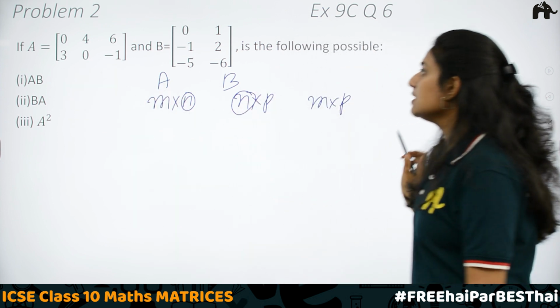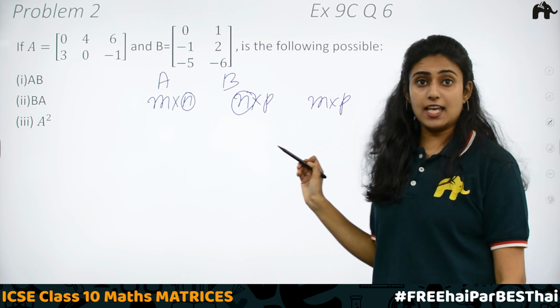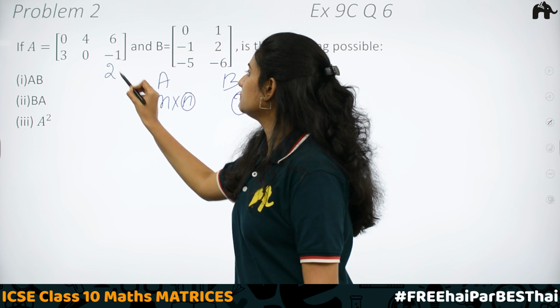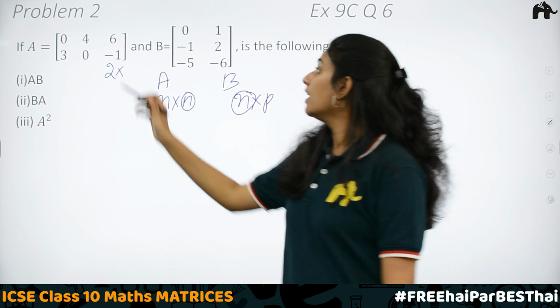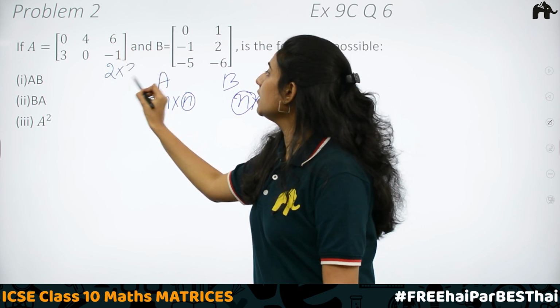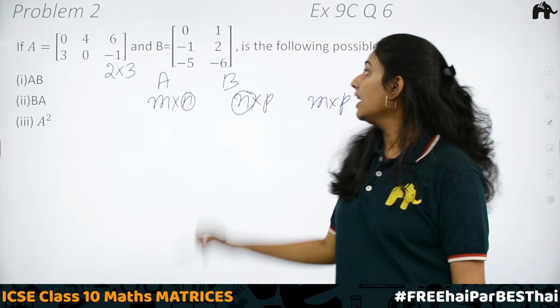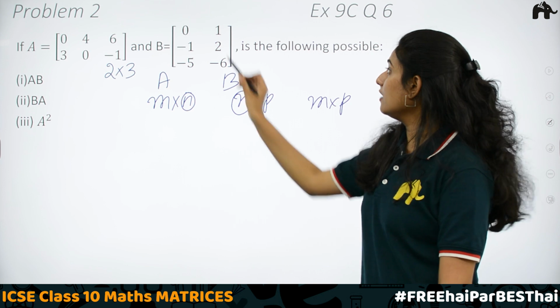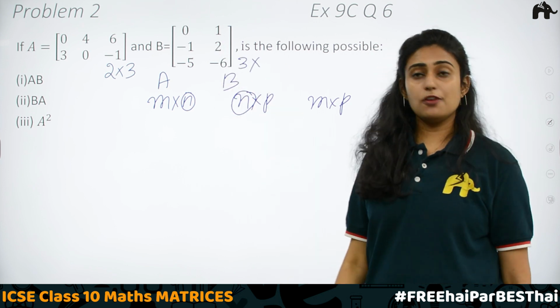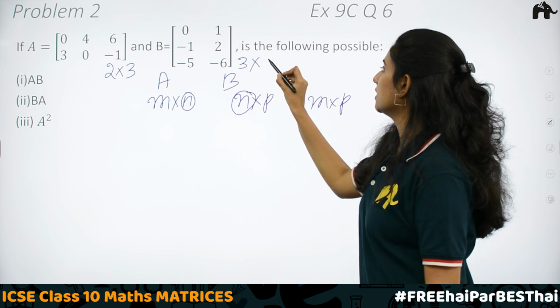Here, what is matrix A? Order of matrix A? We have 2 rows, that is, m is 2, into number of columns 1, 2, 3. This is a 2 by 3 matrix. Okay. Now, what about B? Here we have 3 rows by number of columns, 2 columns.